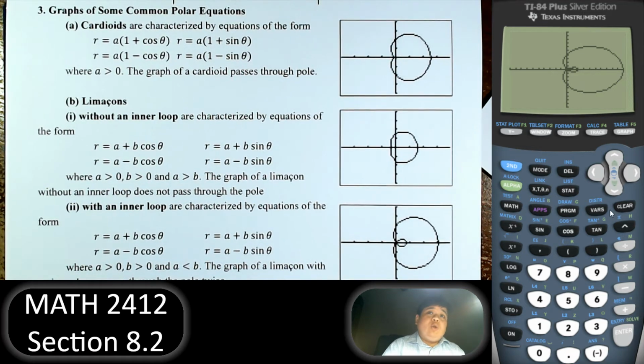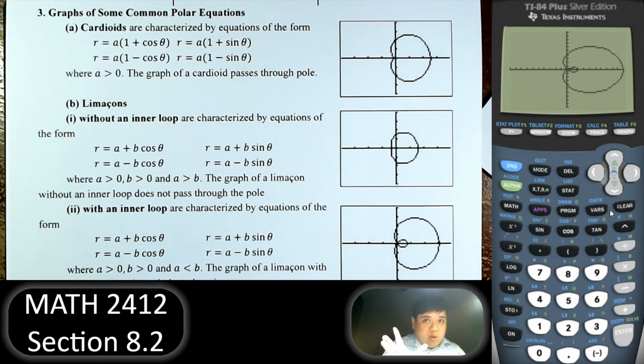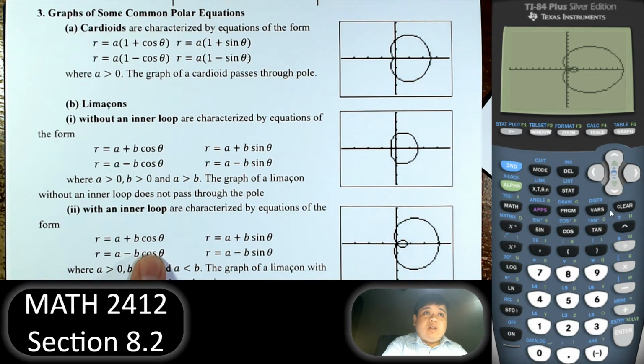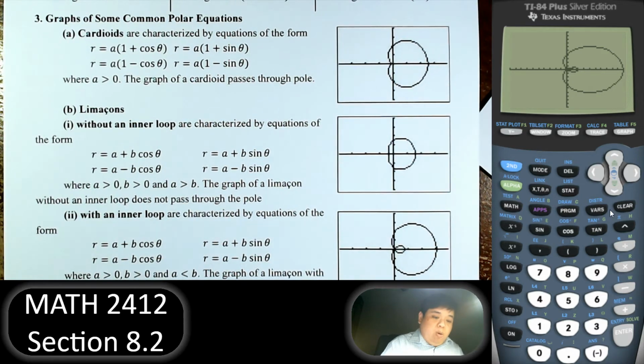But if it is cosine, it will be symmetric with the polar axis, because if it is just cosine, if we have sine and cosine, different story. But if we have just cosine like this, surely we can put negative or positive in, still the same thing. Therefore, it is symmetric on the polar axis.